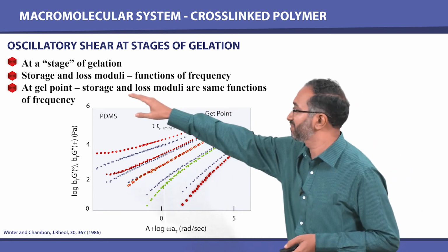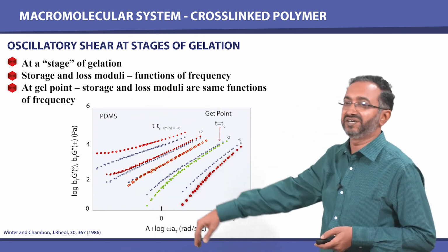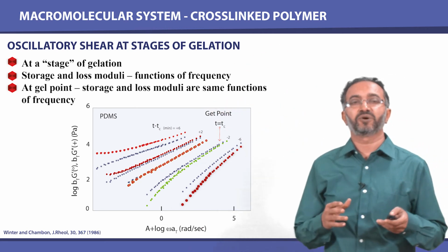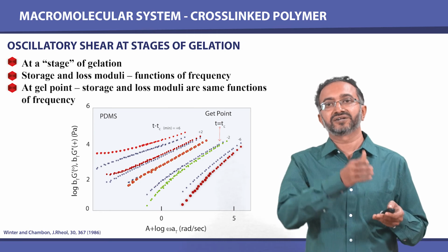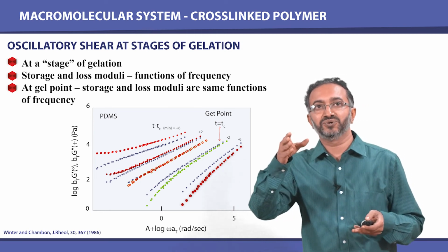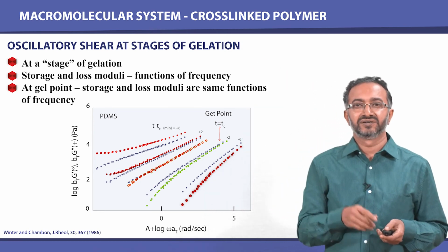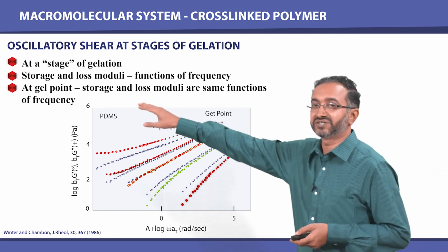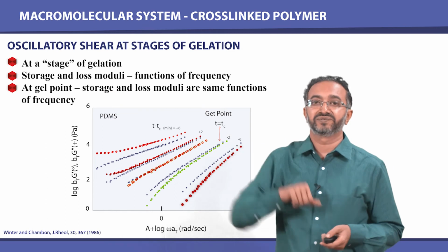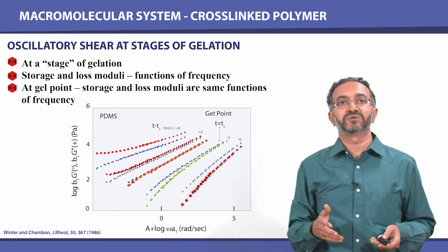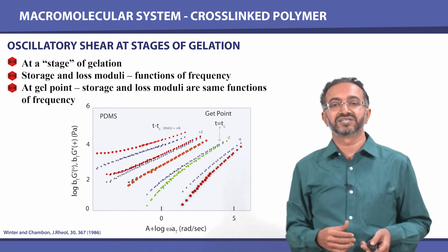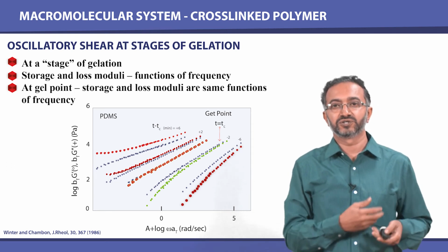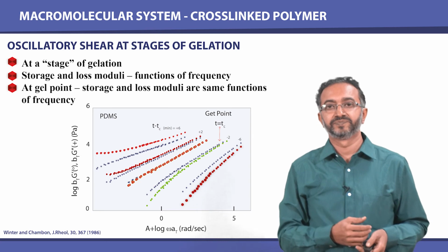G prime is completely constant as a function of frequency, and then later on you have frequency dependence. In case of polymer melt, we saw initially a terminal response, then a rubber like plateau, and then an increase. So, we are seeing the rubber like response here where G prime is constant, and no matter how low in frequency we go, we will not be able to observe the terminal viscous response, because these are permanently cross linked polymer molecules. So, there is no terminal viscous response possible.